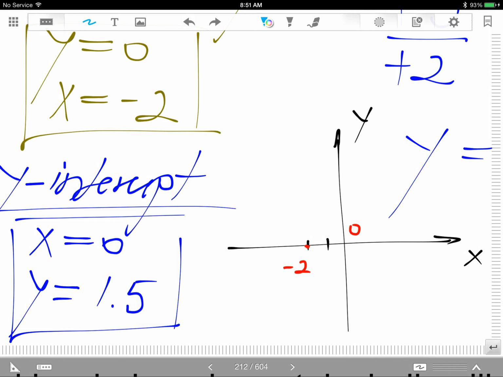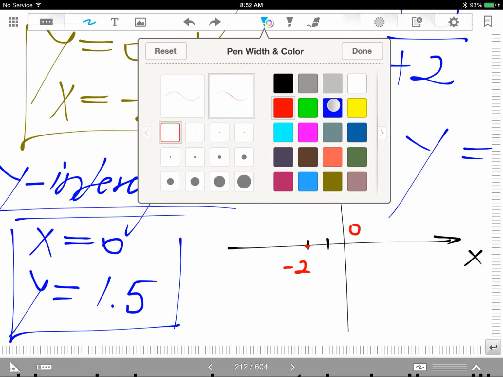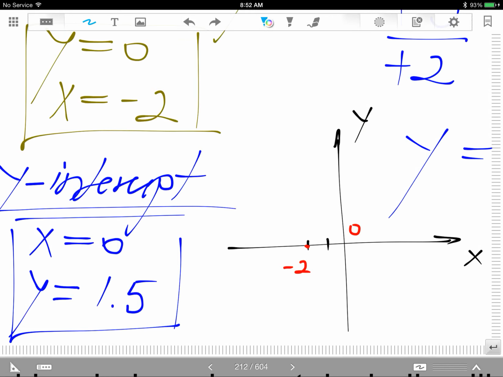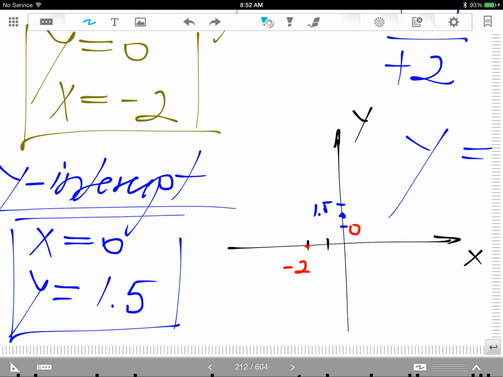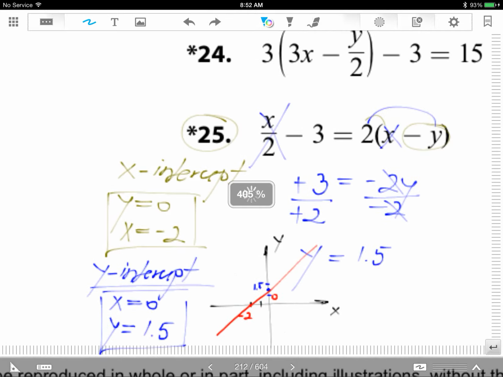The origin is there, right? The Y-intercept 0 and 1.5. Let's see, 0 and 1.5. That's 1, that's 2, let's say 1.5. That's what will be your Y-intercept. And to graph your line, all you need to do is to draw a line through these 2 points, and this is your equation. Okay?